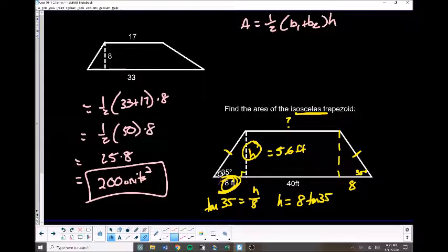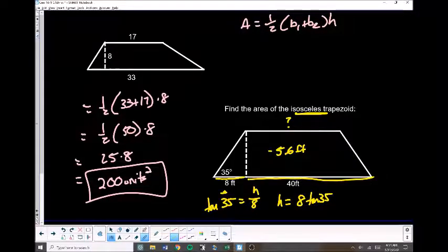So I'm going to erase a bunch of stuff to try to talk about this real clearly for a second. Right now, the bottom length in total is 48. We have 8 here, we have 40 here. So the bottom length in total is 48. But if I draw this height, this length right here is 8.